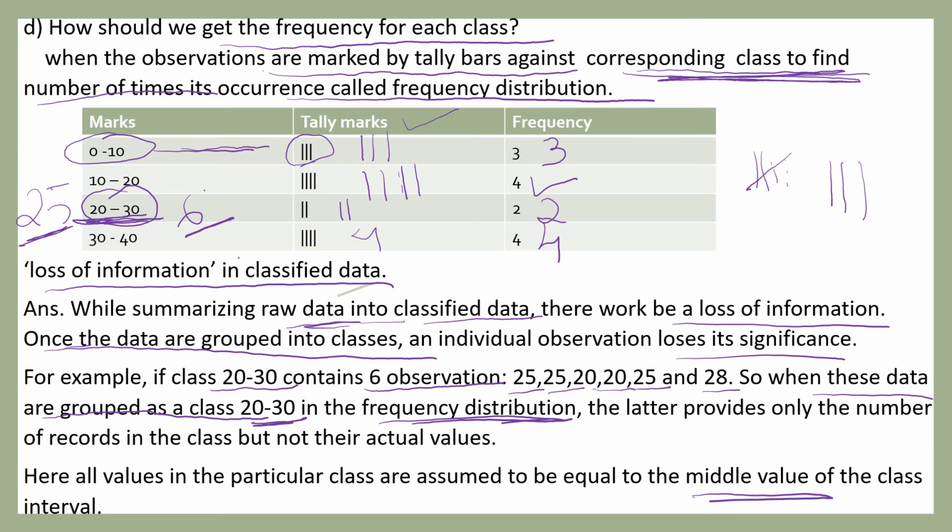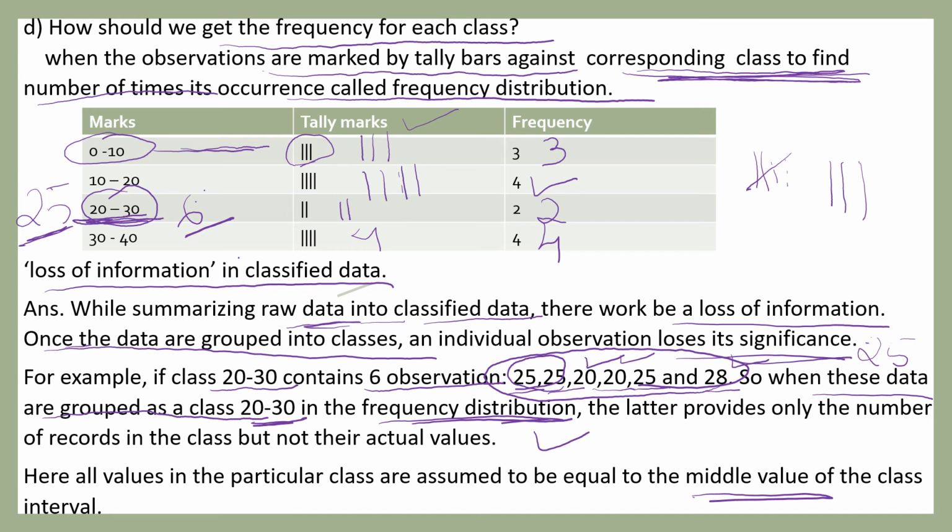In that situation, we give importance to 25 as it is the mid value, and the values 20 and even 28 lose their importance. On average, we give the value 25 as 25 is the mid value of the class interval 20 to 30. This we call loss of information. So we don't know the individual values.